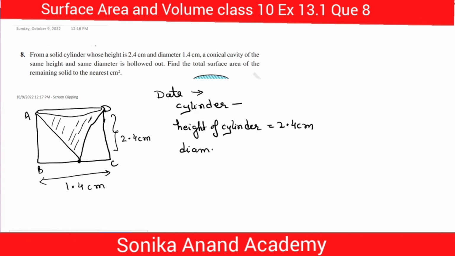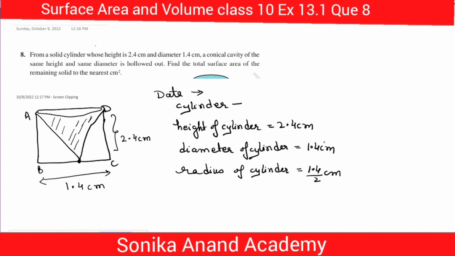Diameter of cylinder is equal to 1.4 centimeter. So now radius of cylinder, we have to divide it by 2. So 1.4 by 2 centimeter, 0.7. Now for the cone, radius of the cone is same as that of the cylinder, same diameter. So radius of the cone becomes 1.4 by 2 centimeter.